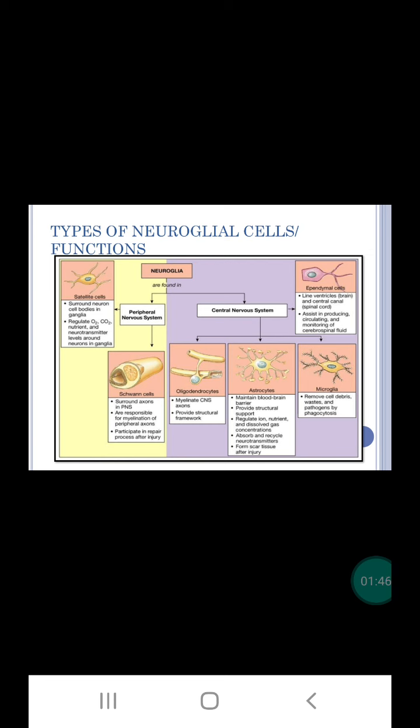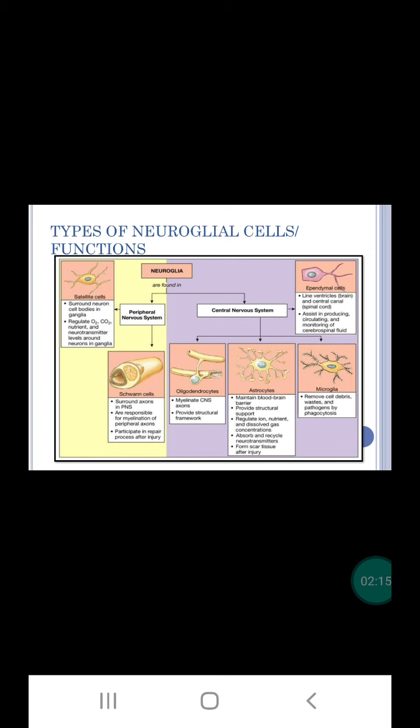They regulate oxygen, carbon dioxide, nutrient and neurotransmitter level in neurons in ganglia. Now Schwann cells surround axons in peripheral nervous system, and they are responsible for myelination of peripheral axons. Even they participate in repair process after injury.